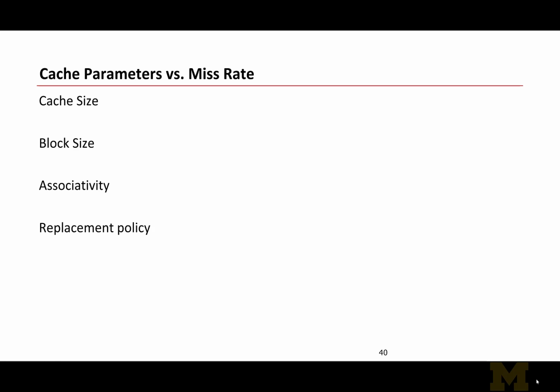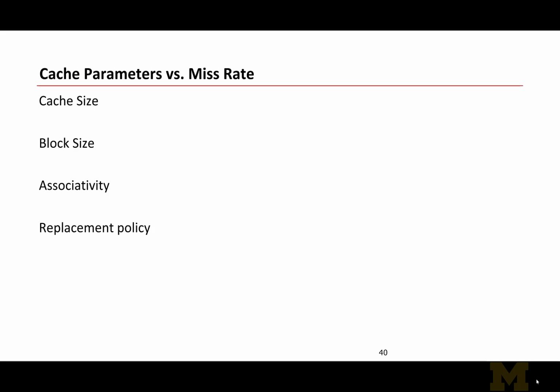Often it is the case with computer system design, in particular processor design, and cache design is no different in terms of trade-offs. We have gone through a number of design parameters like cache size, block size, associativity, and replacement policy. So the question is, what is the right answer for these choices?